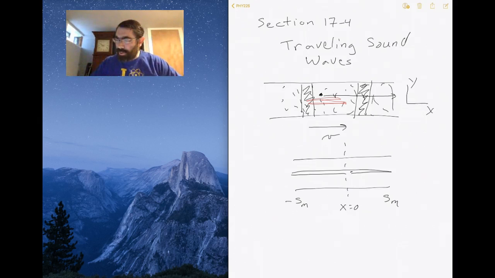So what we're going to do is take a slice in space of delta x, which is some distance s away from, we'll call the origin, x is 0, and we're going to see, can we come up with an equation for that?